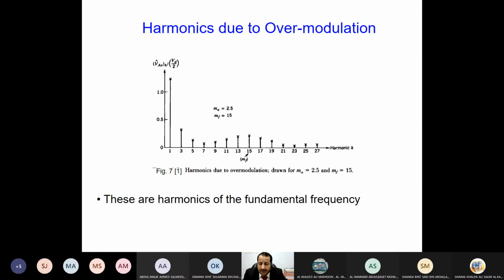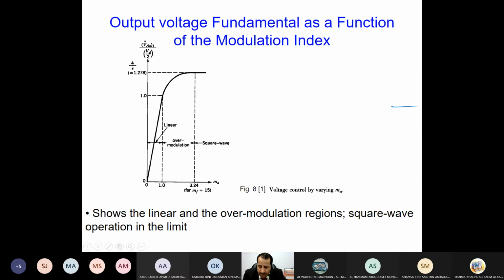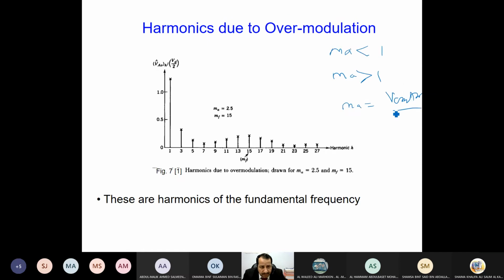Now, another situation. I talked about MA lower than 1. There is another situation, MA greater than 1. What does it mean? Don't forget, MA equals V control over V triangle.